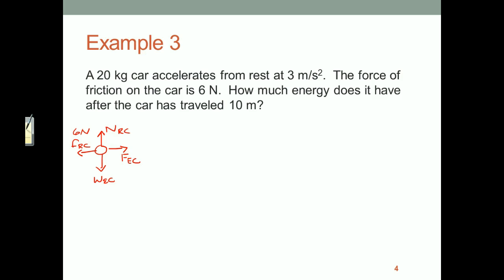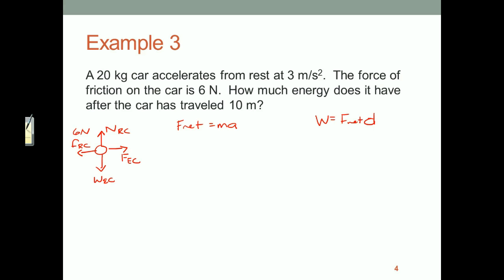In order to determine how much energy the car has after going 10 meters, I need to know something about the forces. So to do that, I'm going to look at F net equals ma. I know that this force will add energy, that force will remove energy. So the net force is the force that should matter when I'm looking at how much energy it has total.